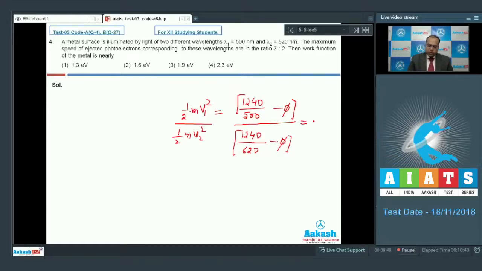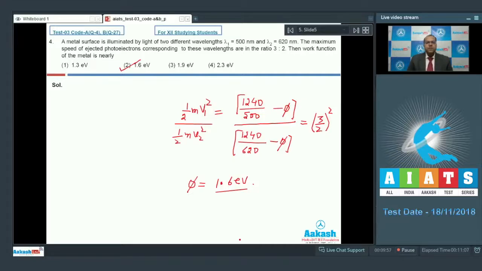This is equal to the ratio v1 square upon v2 square, and this is given in the question as (3 by 2) whole square. If I solve for phi, then the value of phi comes out to be 1.6 electron volt. So option 2 is the correct answer.